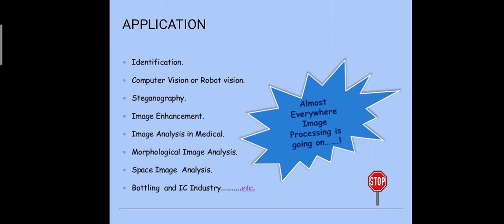These sensors are inside the computer or robot, and sometimes the robot gets a blurry image, so there is an application to restore the image. Then steganography, image enhancement, image analysis in medical, like heart, X-ray, sonography, morphological image analysis, space image analysis, and bottling and IC indexes.